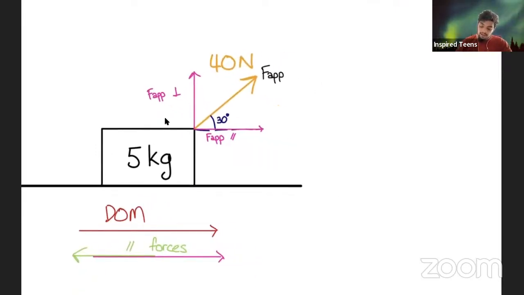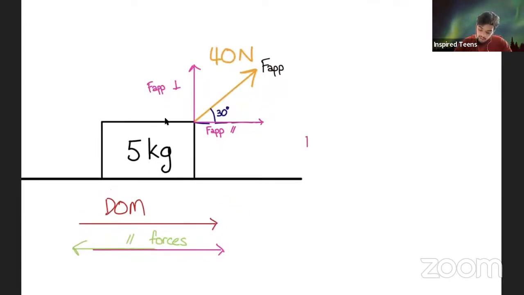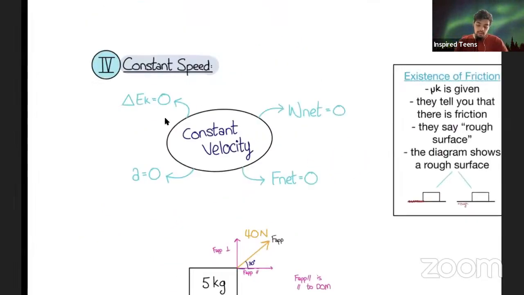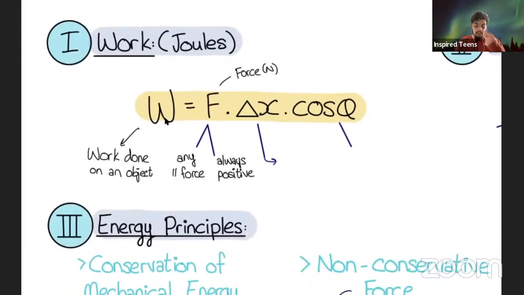Which is the force that is parallel to the direction of motion? That would be F applied parallel, and that's exactly why we call it F applied parallel. So when we say it's any parallel force, we could calculate the work done by it.